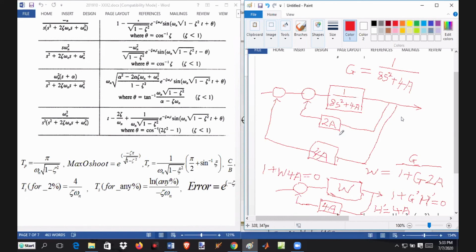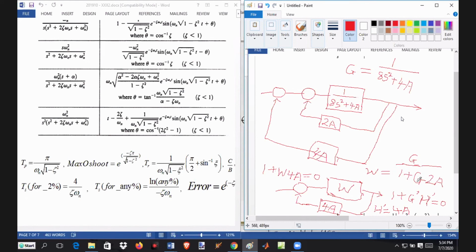Now the bottom one you do like that. W you know, isn't it? W is G over 1 plus G times 2a. You calculate from here. G is at the top here: G is 1 over as squared plus 4a. Put G here, then you can calculate W. You know 2a, put 2a there.